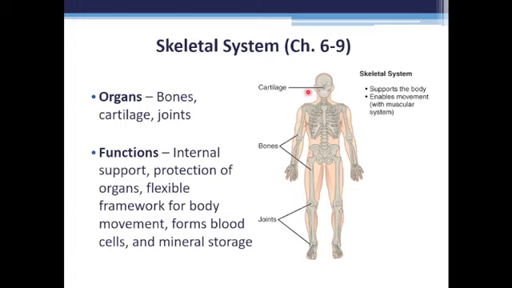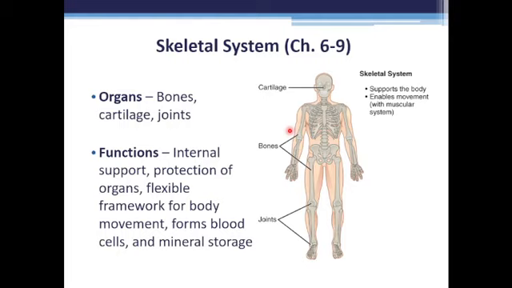Also the cartilage and joints, which make the bones move. The basic function of the skeletal system is internal support, because if we only had the integumentary system, we would bleed very hard, and we might die. We wouldn't have any of this more protection.